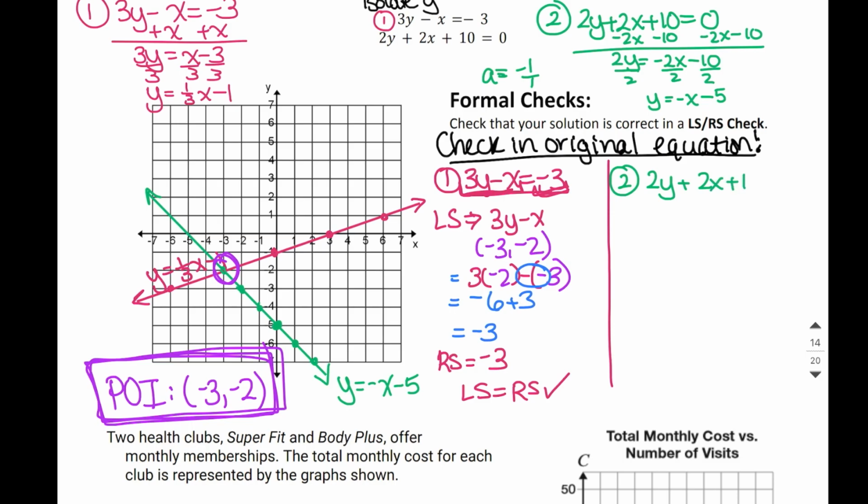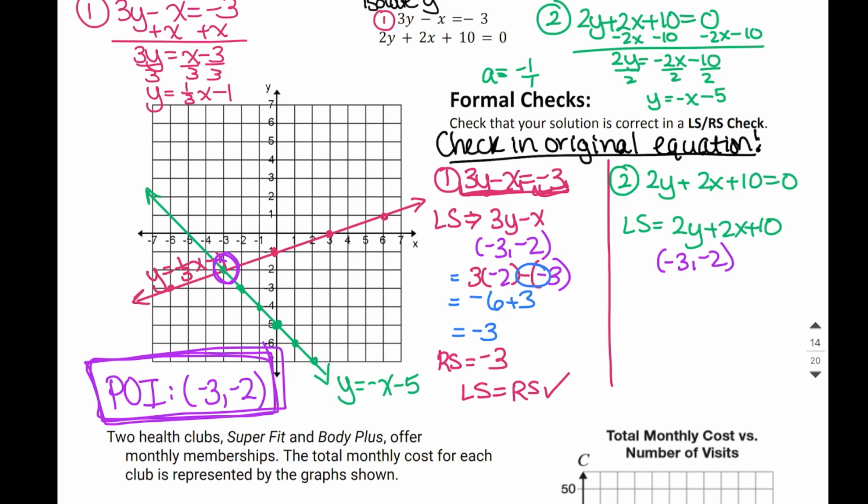So 2y plus 2x plus 10 equals 0. We'll do our left side first. So our left side is 2y plus 2x plus 10. And I still want to check the same exact point of intersection. So here I'm going to say 2 times y plus 2 times x plus 10. And we know that the y is -2. And we know that the x is -3.